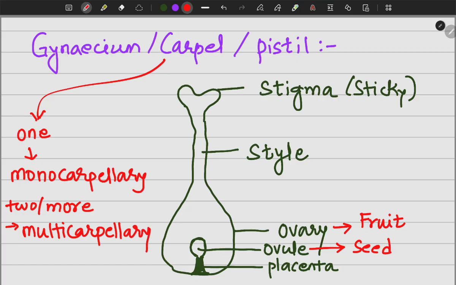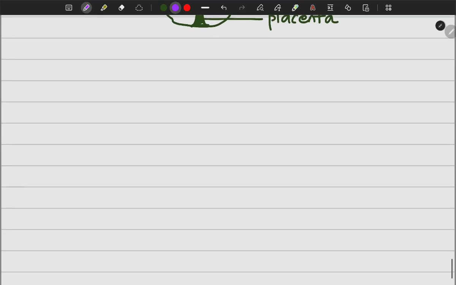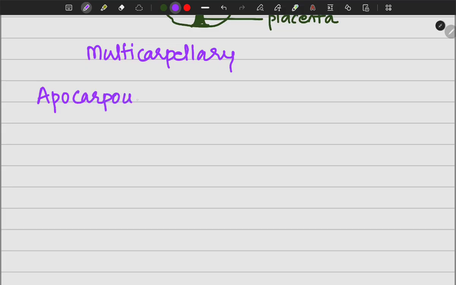Alright, now the multicarpellary can be further divided into 2 types: apocarpus and syncarpus.